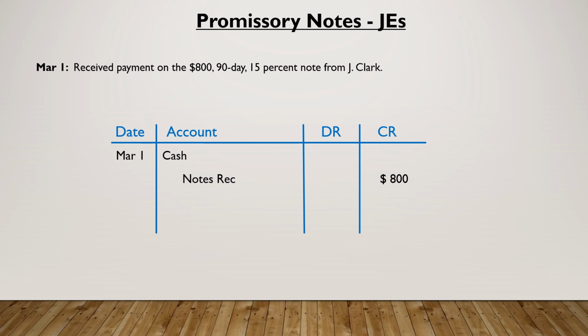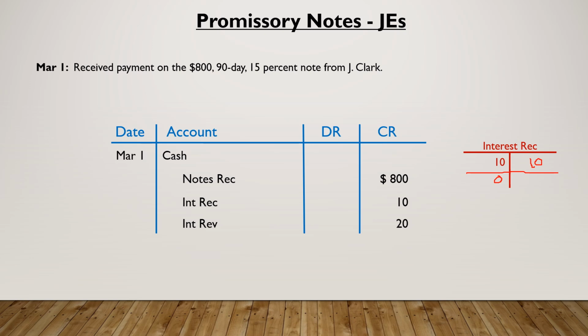We're also going to collect the interest receivable we accrued on December 31st. Finally, we're going to collect the interest revenue earned from January 1st of this year until March 1st, $20.